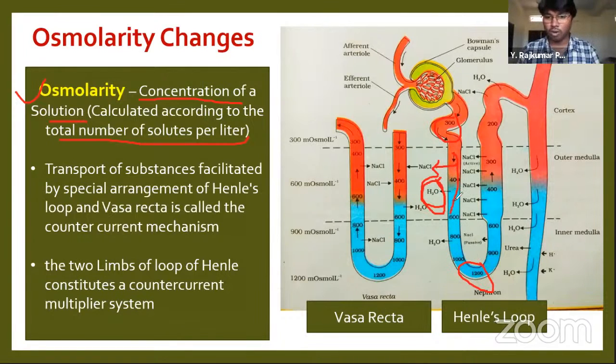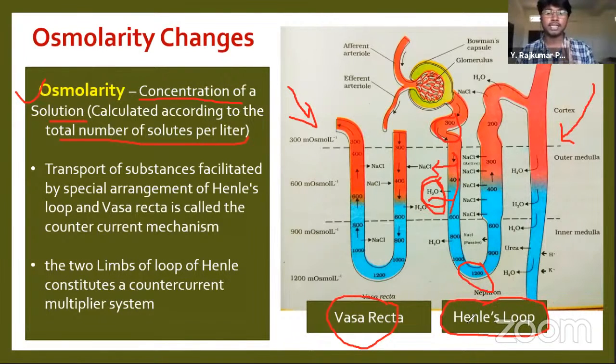And this water which has gone out goes into the blood vessel, that is the vasa recta. Here you can see two structures. This is called the vasa recta and this is the renal tubule. Remember, two things are there: vasa recta and renal tubule. Here we are taking the renal tubule, the part called Henle's loop. And the second one you can see at the left side is the vasa recta. Vasa recta means blood vessel, an arteriole.